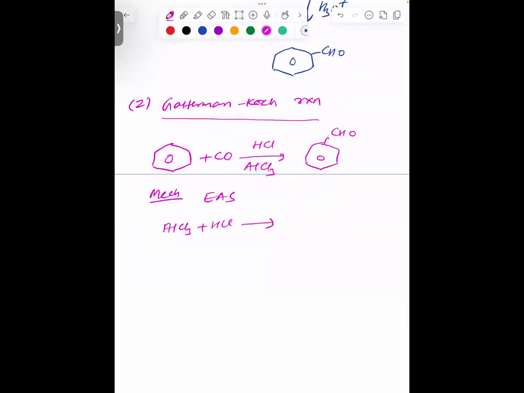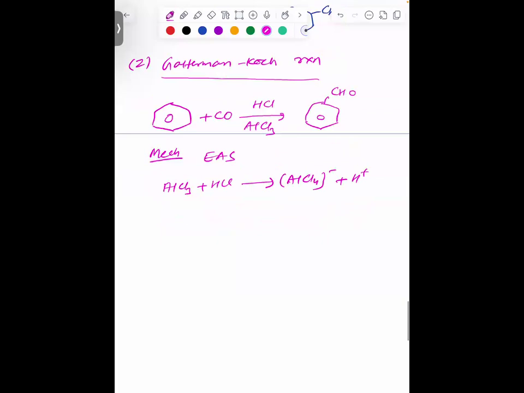Aluminum chloride is a Lewis acid, so it will take the chloride ion and release H plus. This is the structure of CO. H plus, so where is it going to attack?